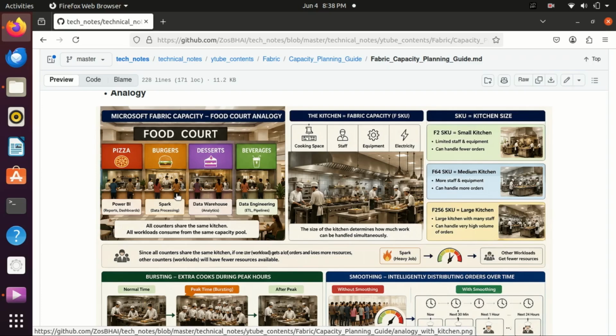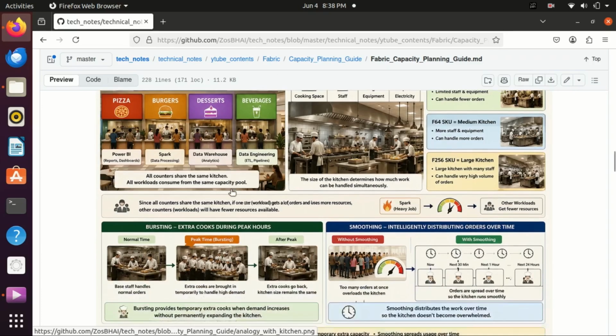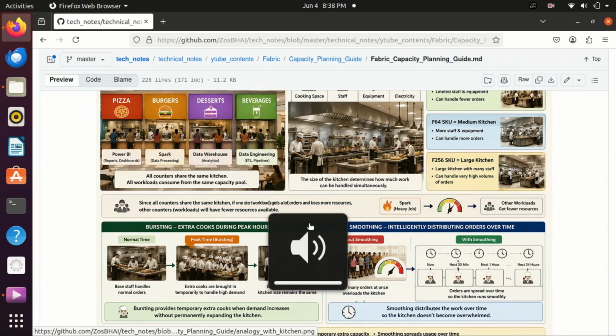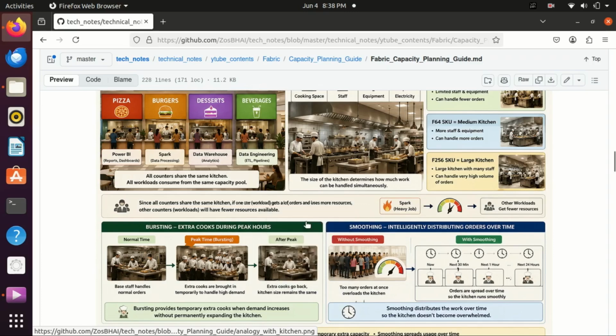These can represent different Fabric workloads like Power BI, Spark, data warehousing. Even though the customer places an order at a different counter, all of them depend on the same kitchen infrastructure behind the scenes. So a smaller kitchen can process only a limited number of orders, while a larger kitchen can process many more requests at the same time.